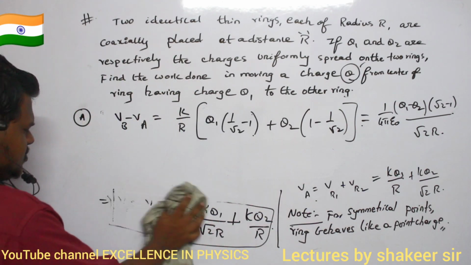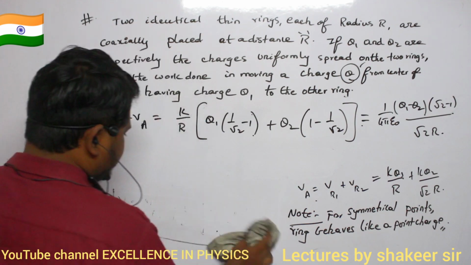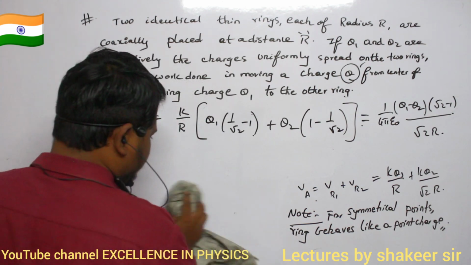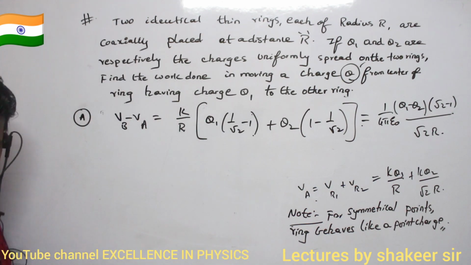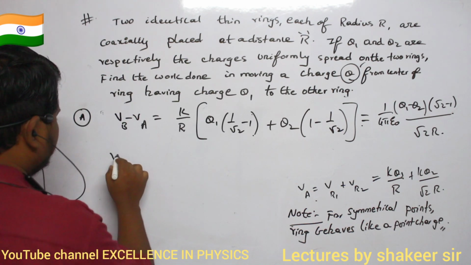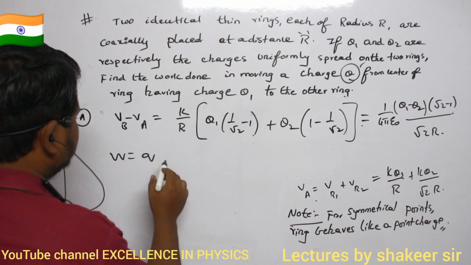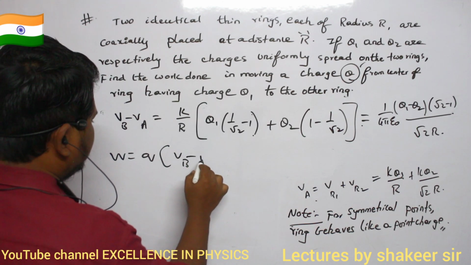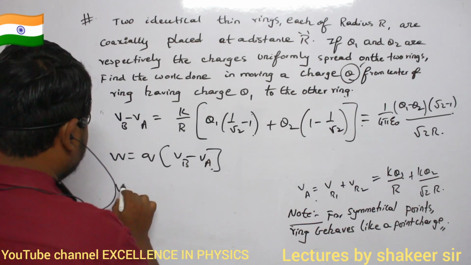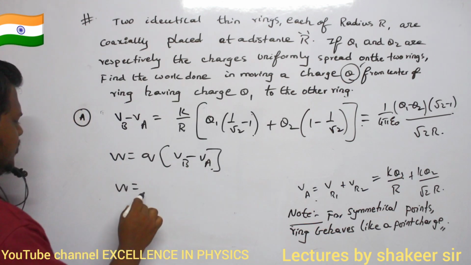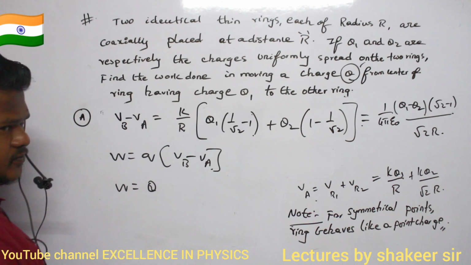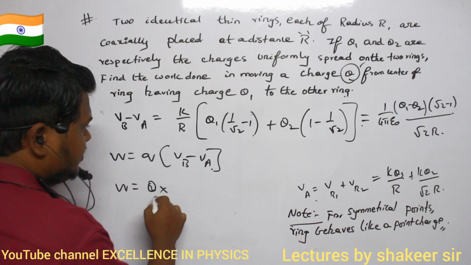Clear? So if that is the potential difference, then what will be the amount of work done? Work done will be Q into VB minus VA only. So W is equal to the charge we are moving, capital Q, multiplied by VB minus VA.